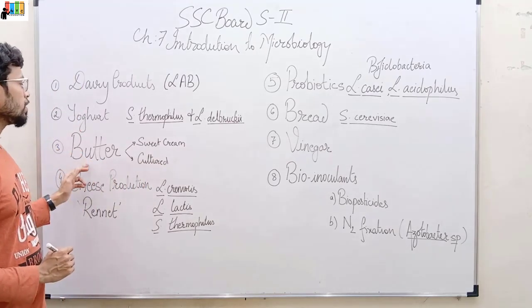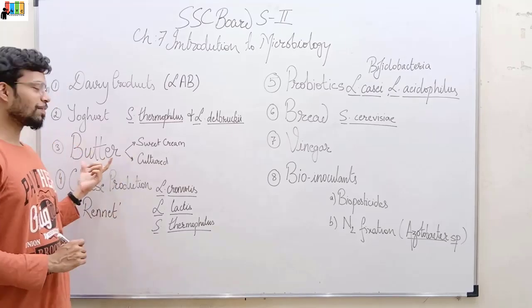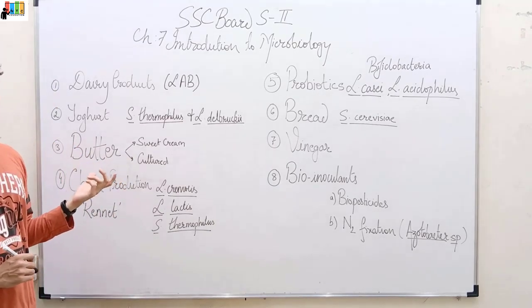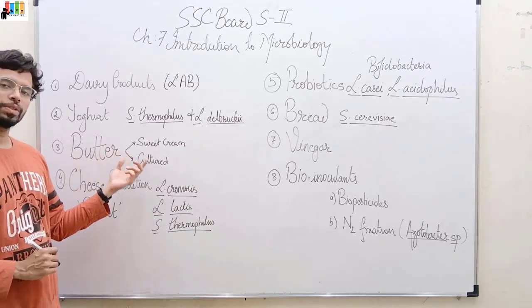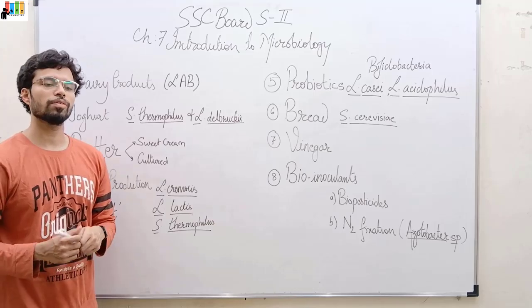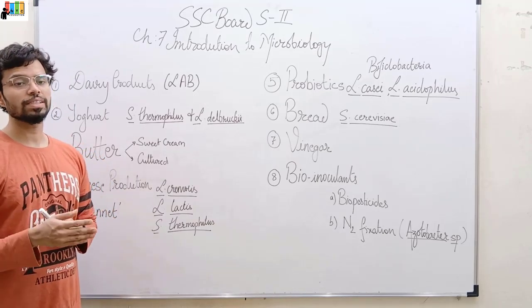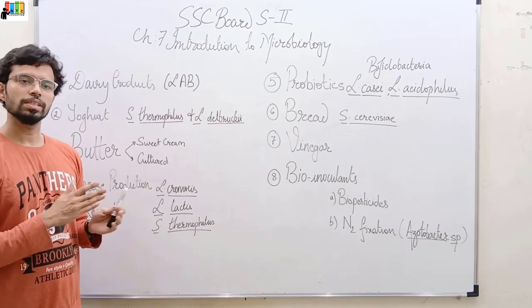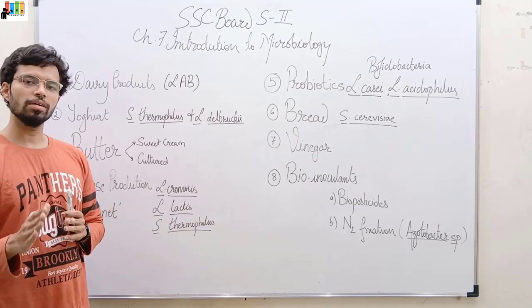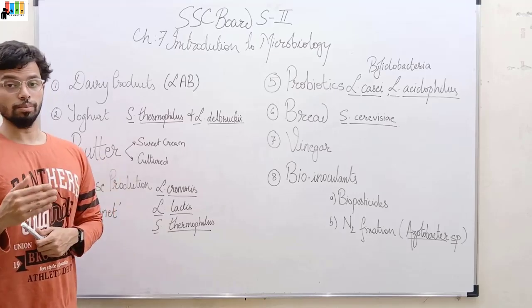So after yogurt, the next most thing is utterly buttery delicious Amul. So we have our butter, which most of us like. Butter is of two types: the sweet cream and the cultured one. The cultured one is of course obtained through fermentation, wherein you separate out the fats. These days industrially, they simply defat the milk, and from the fat it is processed industrially, and then you get your butter.